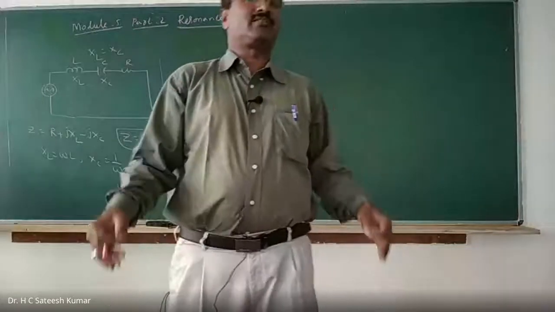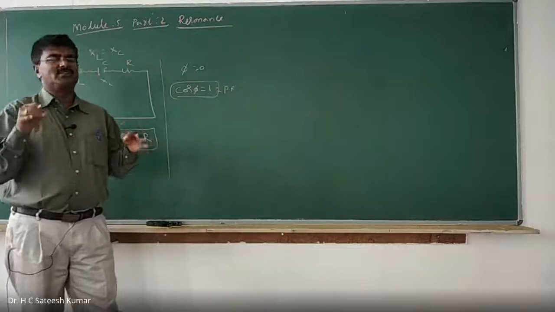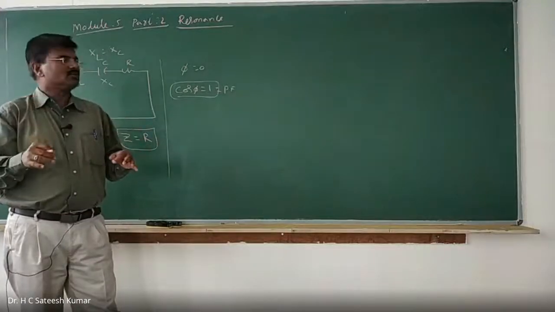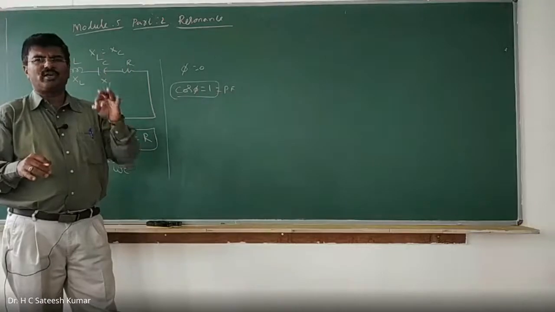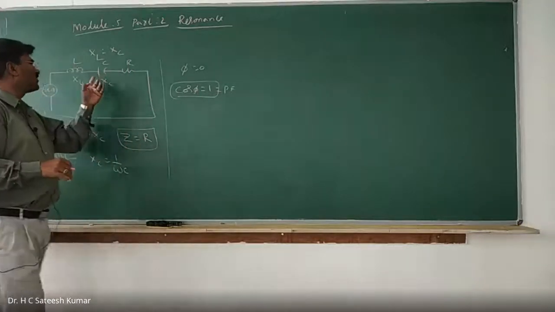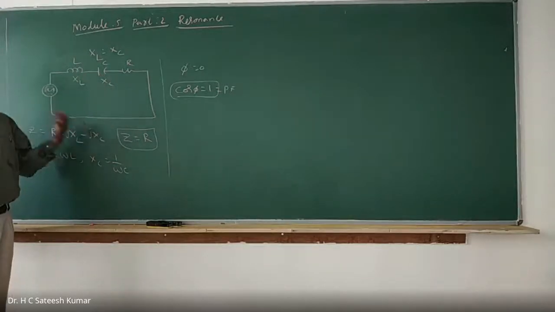So resonance is a condition in an AC circuit. First, we should tell that it is applicable only for AC circuits. Resonance is a condition in an AC circuit wherein the inductive reactance gets cancelled with the capacitive reactance, that is, inductive reactance is equal to capacitive reactance.